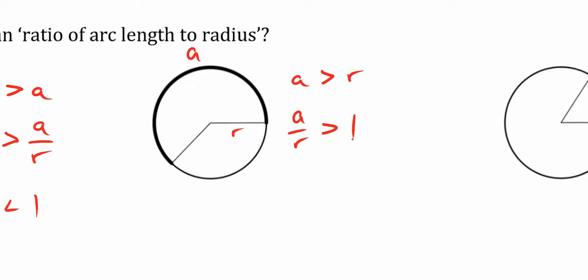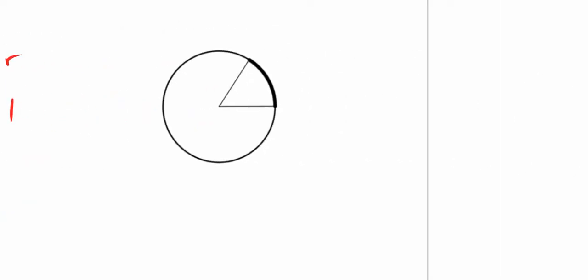So A maybe is 10 and R is 1. 10 over 1 is 10, right? Bigger than 1. The ratio happens to be greater than 1 in this case. Don't look for more meaning in any of that. That's all we're talking about, that one's bigger than the other.